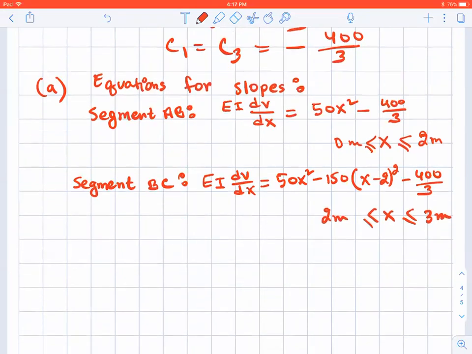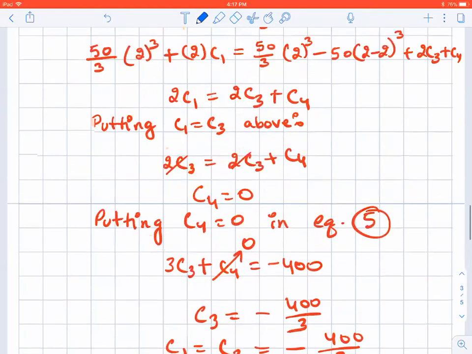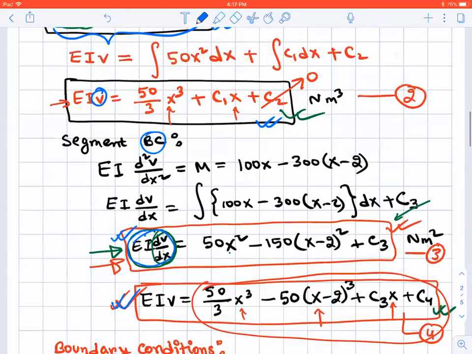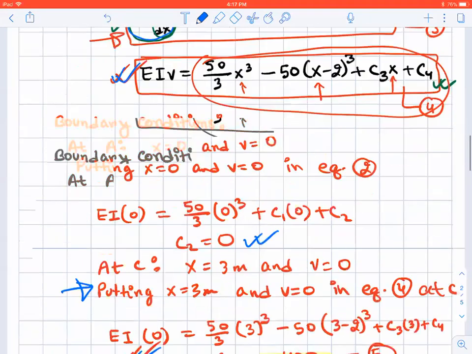Now let's look at the equations for deflections. Segment AB. So that will be my equation 2. So 50 by 3 x cubed plus C1x, C2 is 0. C1 we just have to plug in, minus 400 over 3. So let's write it down.